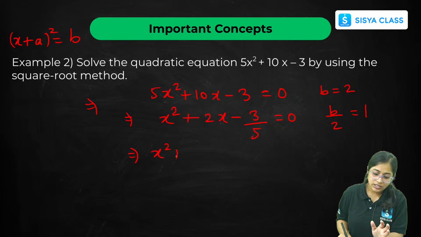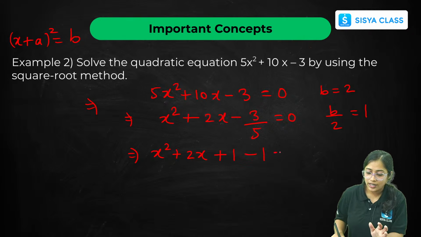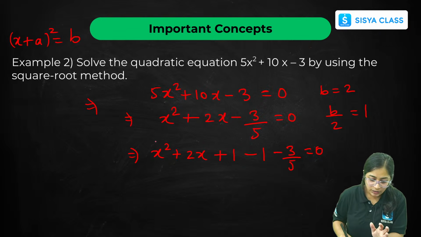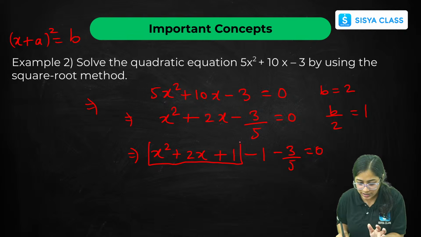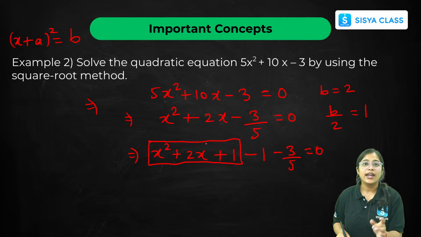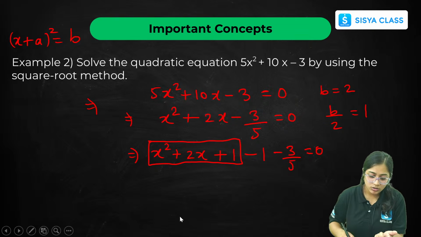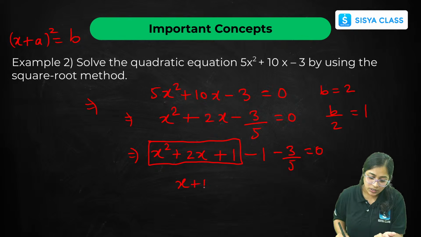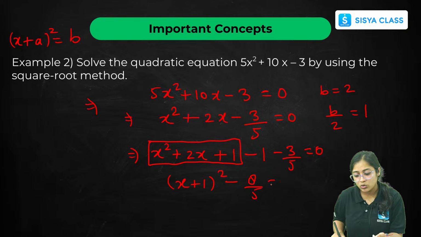So here x square plus 2x, so add 1 minus 1 and then you have minus 3 by 5, it is equal to 0. Now if you see, what is this? x square plus 2x plus 1. It is x plus 1 whole square, right? So here it is x plus 1 whole square minus 8 by 5 equal to 0.